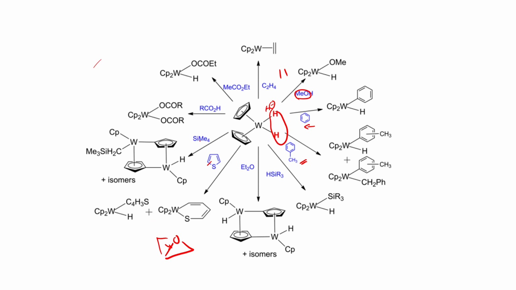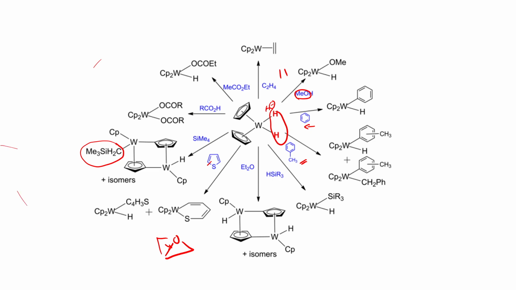So in presence of this silane, again we are seeing formation of a kind of heterodimer, because on this side the silicon unit is inserting, and for this unit only hydrogen is there, no silicon unit is inside. So this is with this kind of tungsten reagent.